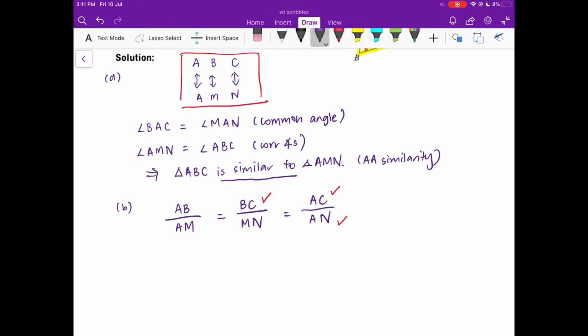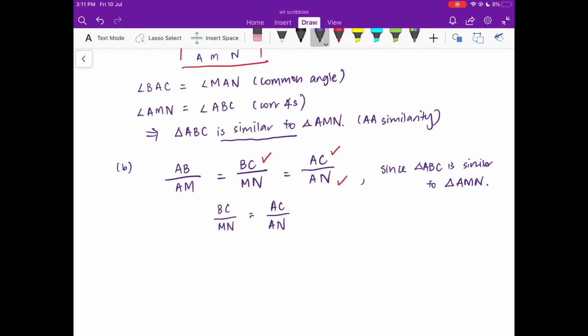Why are they equal? Because since triangle ABC is similar to triangle AMN, this property says that the ratios of their lengths are equal. So when we cross multiply, we are using BC over MN equals AC over AN.